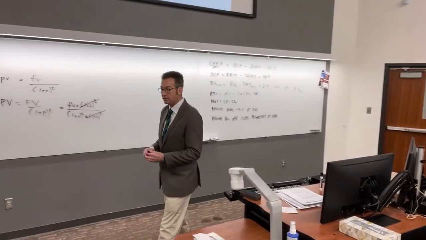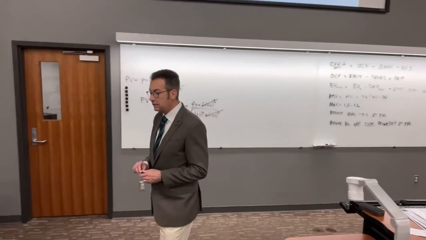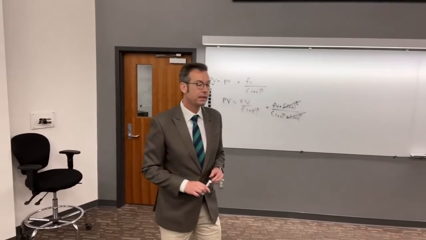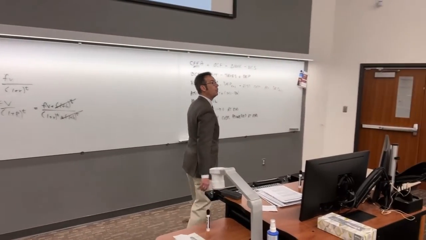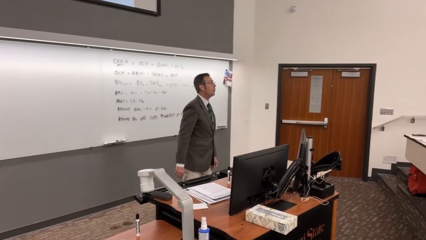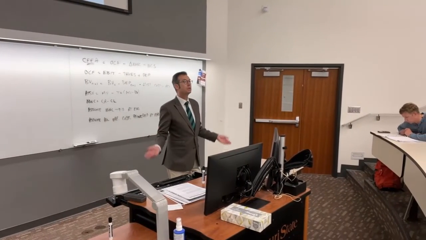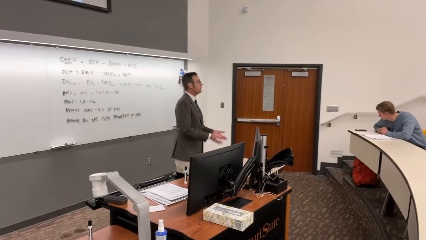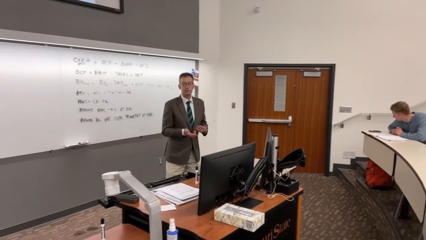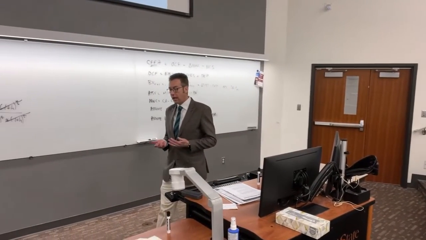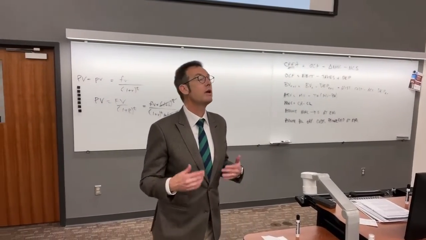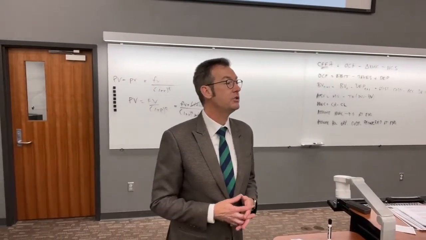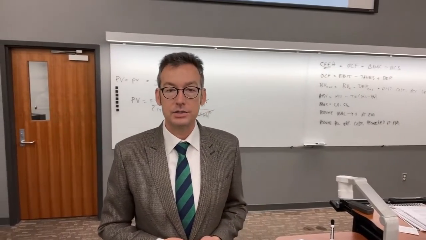Now let's talk about investments of unequal lives. So you've got a machine that is worn out, and you are going to replace that machine with a new machine, and you're trying to compare these two options. And the two options have the same ability to create revenue, and so the only difference between them is the cost.